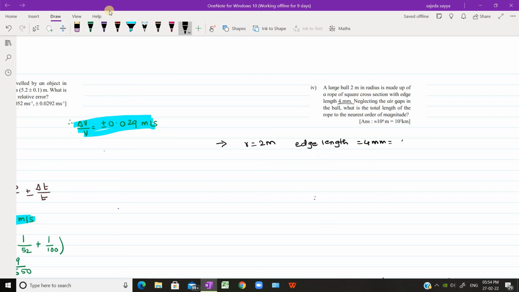It comes out to be 4 into 10 raised to minus 3 meter, since 1 millimeter is 10 raised to minus 3 meters. Okay. Now the thing which remains constant here is volume of ball is equals to volume enclosed by rope.